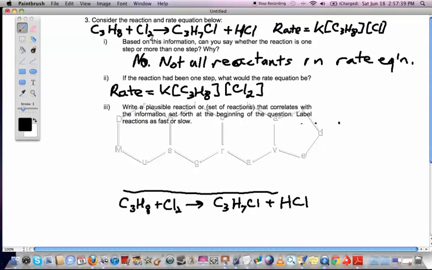There's no mention of Cl here, but there is Cl2. So what does that tell us? It tells us that the Cl must come from the Cl2, which means that this cannot be the first step. It would have to be some other step. So I'm going to write this down in the middle here, because I know that it cannot be the first step.